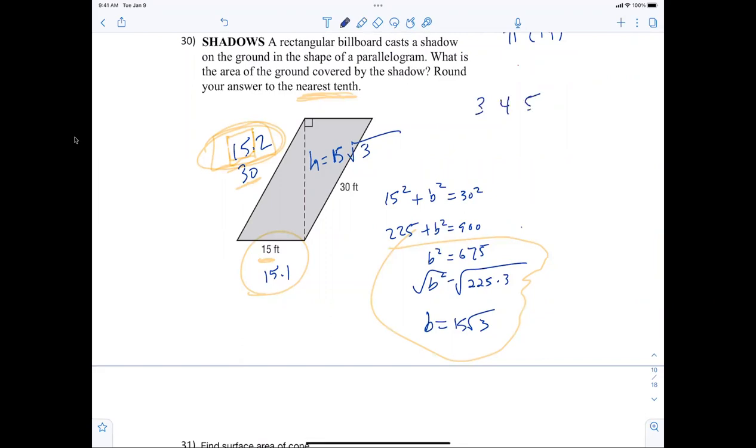So if I multiply by 5, 15, 20, 25 is also a right triangle, right? It's the same principle. I'm missing a side, and the hypotenuse is 30. That's 15 times 2, and this is 15 times 1. This is going to be 15 times something. So I'm just doing the Pythagorean theorem with 1 and 2.